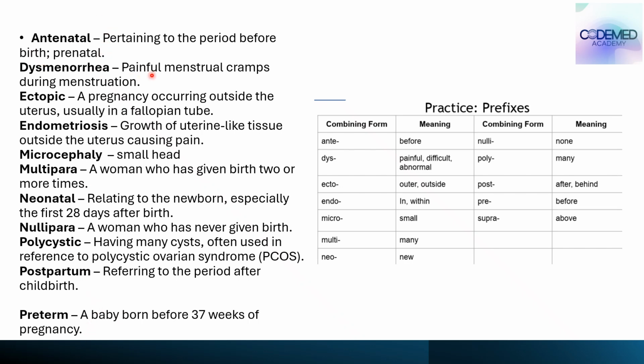Antenatal is pertinent to the period before the birth, and the opposite of that is postnatal, that is after the birth. Dysmenorrhea: dys is something painful, so dysmenorrhea is painful menstrual cramps during menstruation. Ectopic is a pregnancy occurring outside the uterus, usually in the fallopian tube.